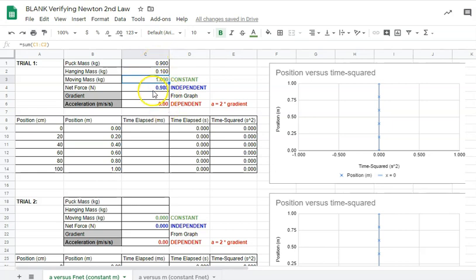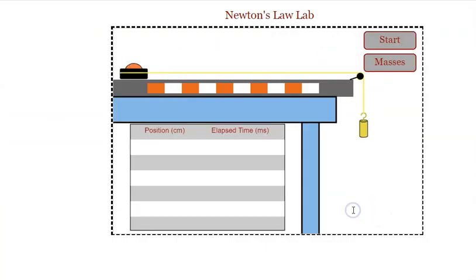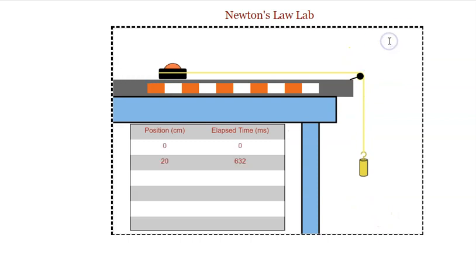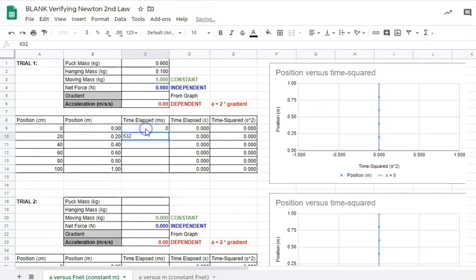So I'll probably do 2. So this calculates the net force, which is going to increase. Okay, so let's run that simulation and start, and then we record this data into the table. So I'll do that quickly.